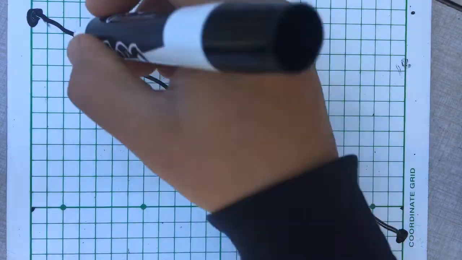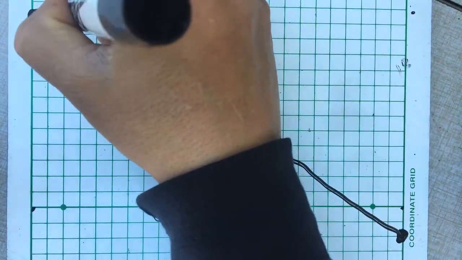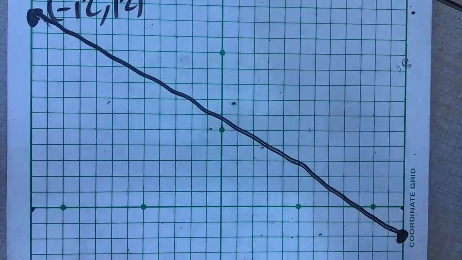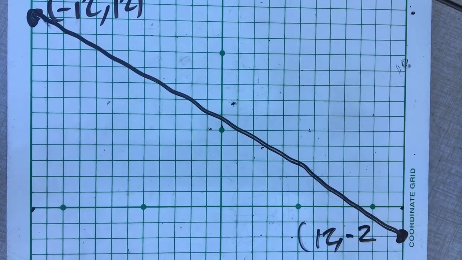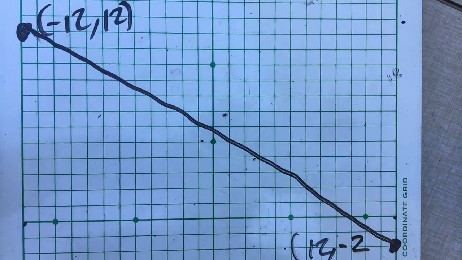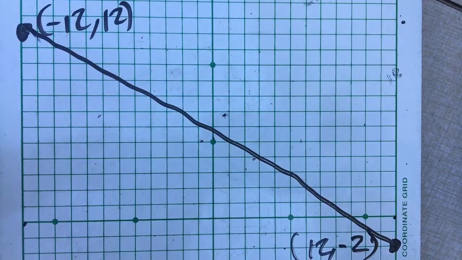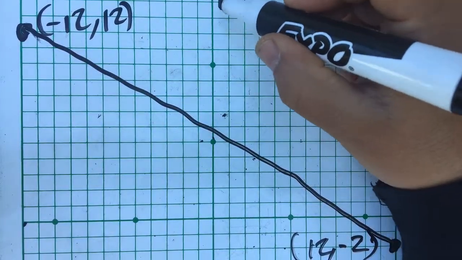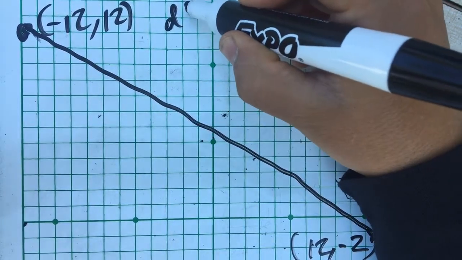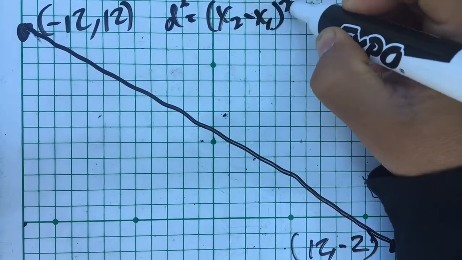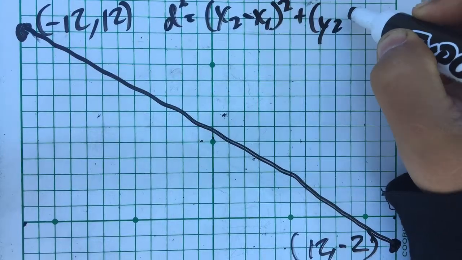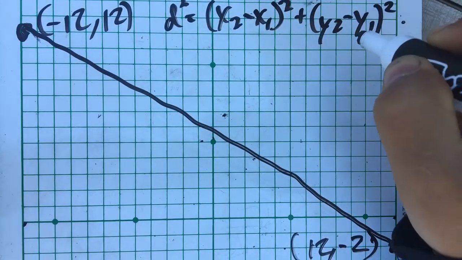Now again, what do you understand? I understand that this is negative 12, positive 12. I understand that this is positive 12, negative 2. Again, being able to manage the coordinates. Going back to the distance formula, we write it down: D squared equals x2 minus x1 squared plus y2 minus y1 squared.